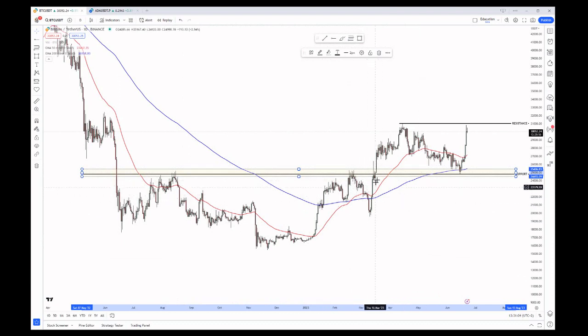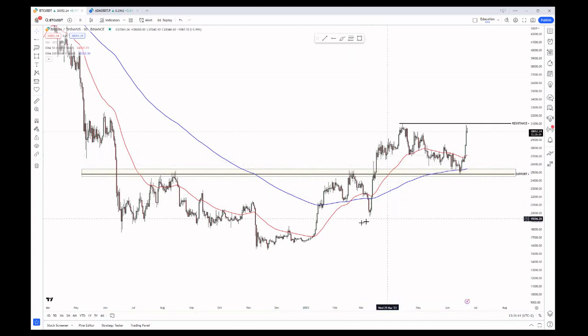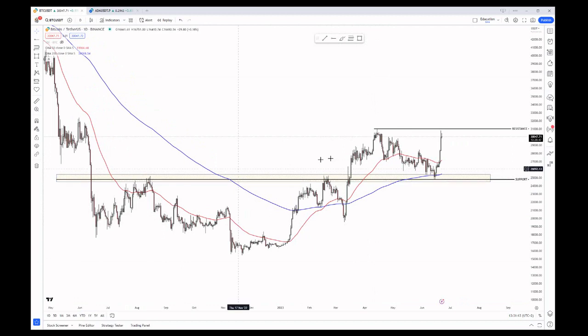Then it finally came back up again, a third tap, and there it broke through because there was buy pressure, or the sells that were here before were gone, because the more it taps, the fewer sells there are.